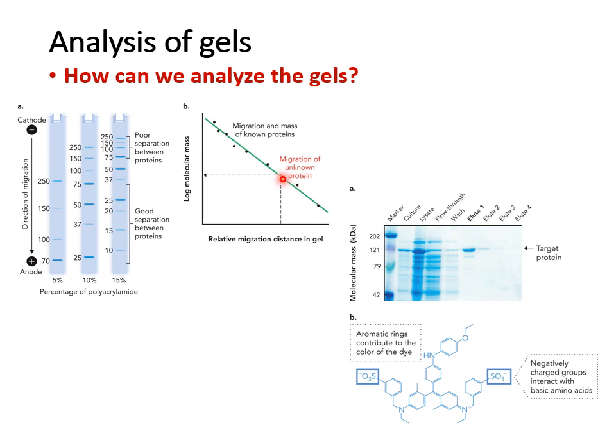And from that, you can estimate what the mass of that unknown protein is. Okay, so you can use that plot and see where your unknown protein falls on the ladder, because sometimes you're analyzing a sample and you don't know the details of the protein that you're looking at.